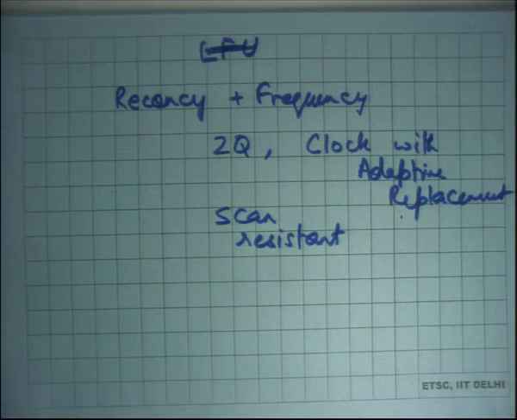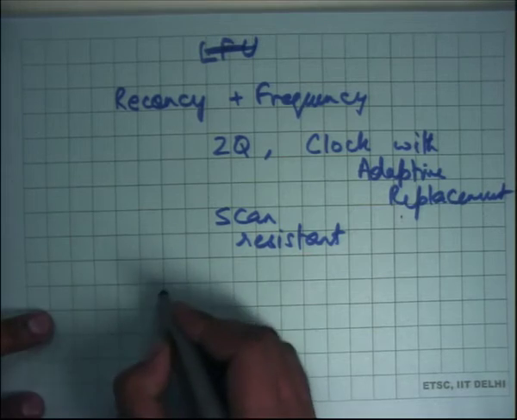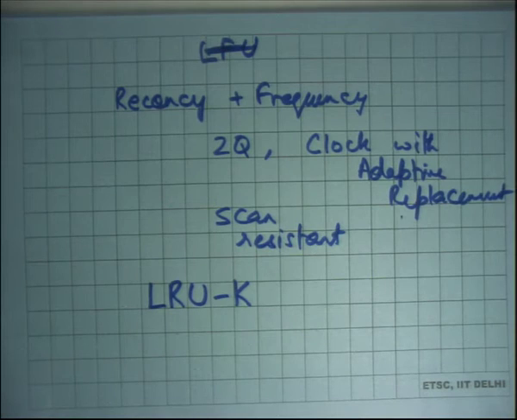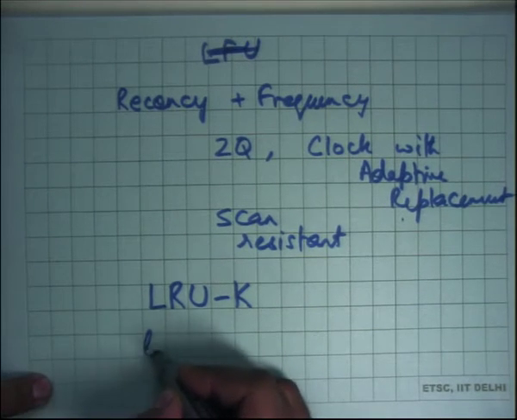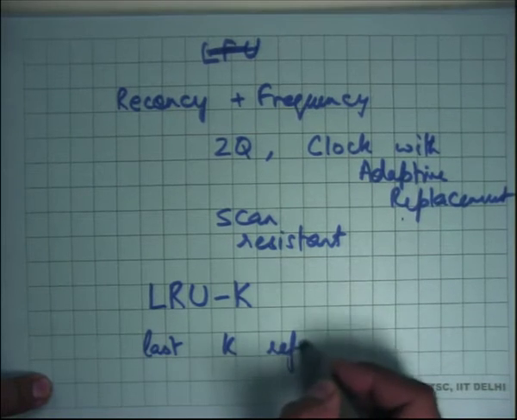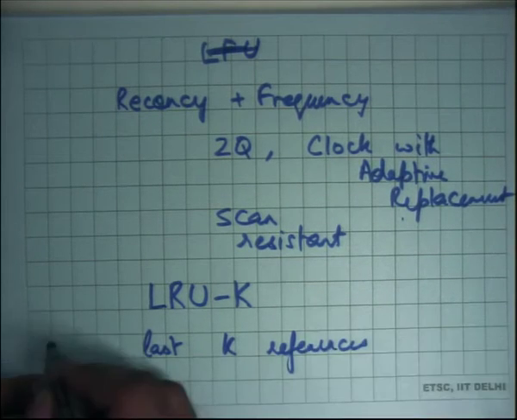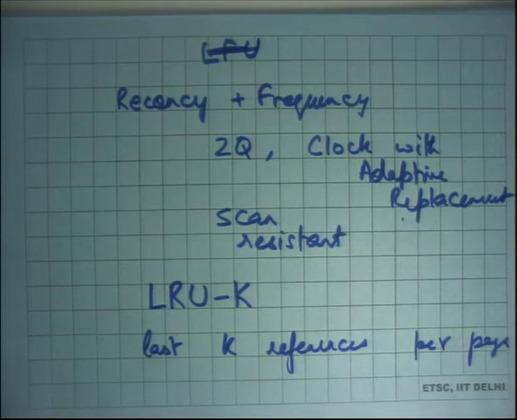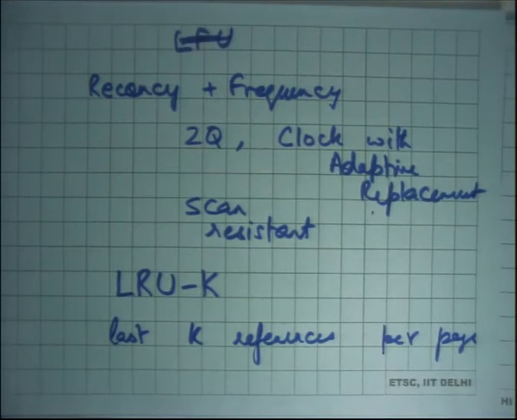Okay. All right. So one algorithm that I just want to give you a flavor of is called LRU-K. Here the idea is that you don't evict the page that was least recently used. For each page you track the last k references. Then you evict the page which has the least timestamp for the kth reference in the past.